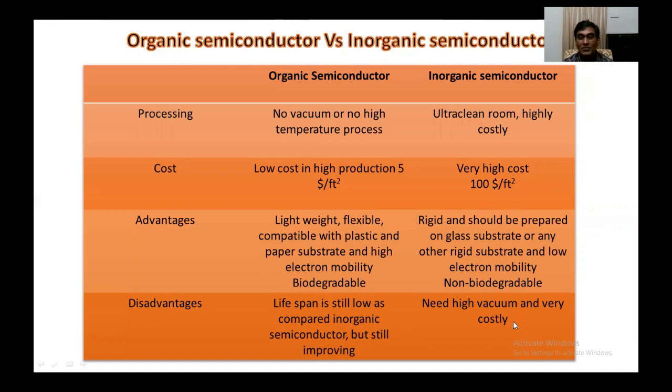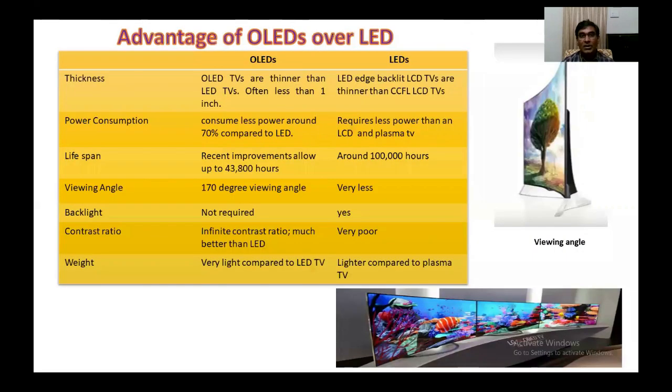Again, we see the advantages of OLEDs over LEDs. OLED is organic light emitting diode, while LED is light emitting diode where we use inorganic material. Now, in case of thickness, OLED televisions are thinner than LEDs, often less than 1 inch, or nowadays we have just half centimeter thickness of these OLED screens.